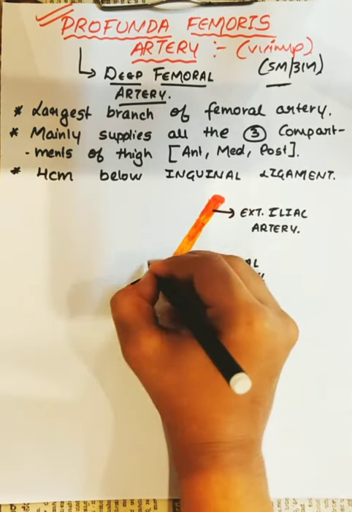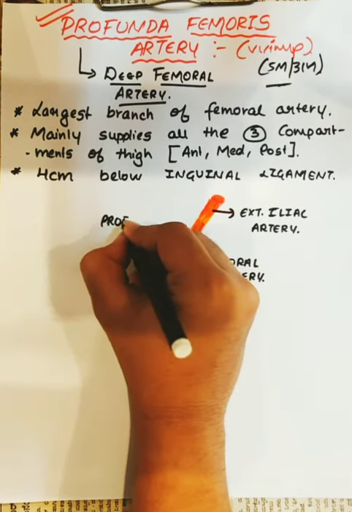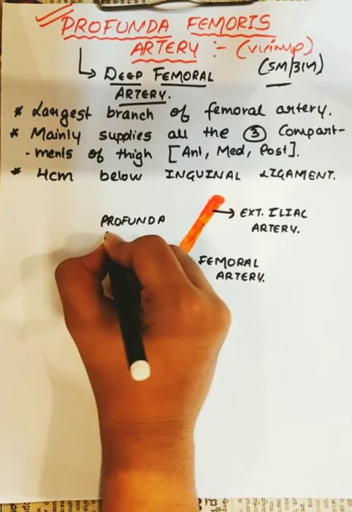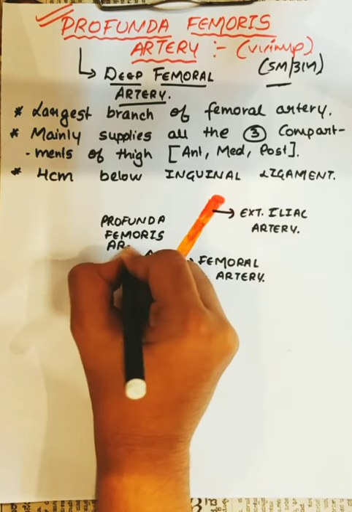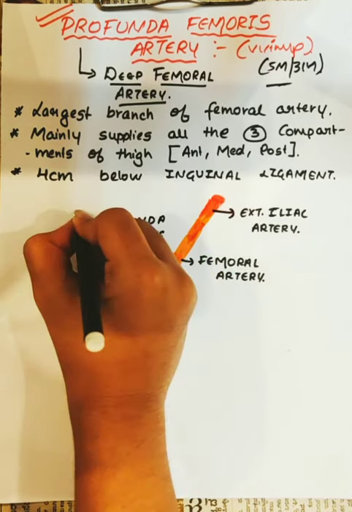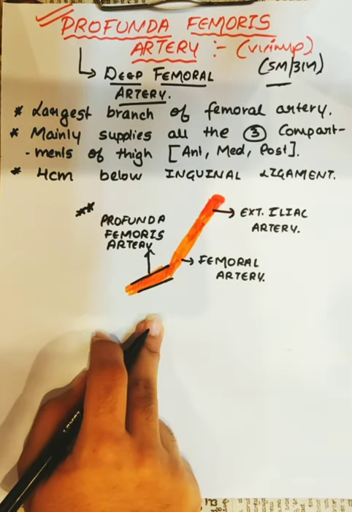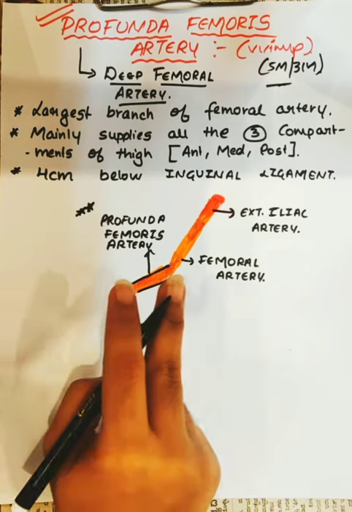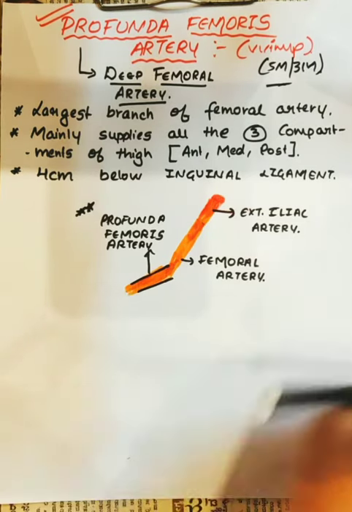Very important to be noted. The profunda femoris artery gives two main branches, LCFA and MCFA.